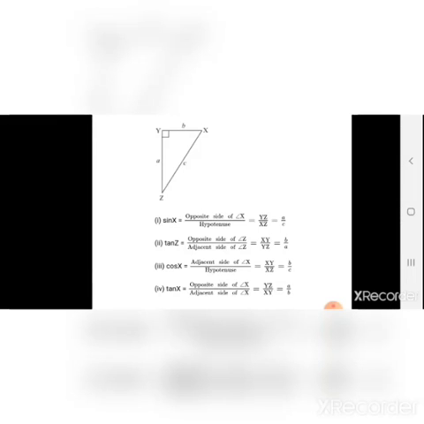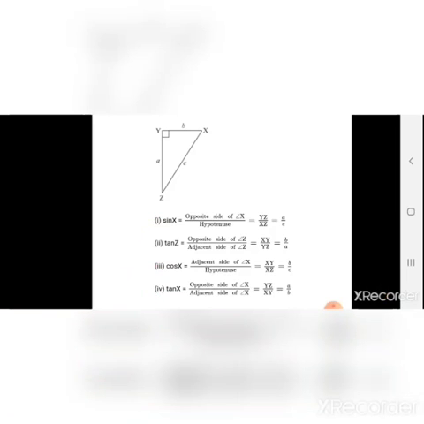First the ratio is being written in the name form, that is YZ upon XZ, will give you A upon C. Same way if we go for the next, cos x, as for x already we have mentioned. So cos x will be adjacent side of x upon hypotenuse as per the definition of cos ratio. First the ratio is being written in the form of sides XY upon XZ, that will give you the value B upon C.